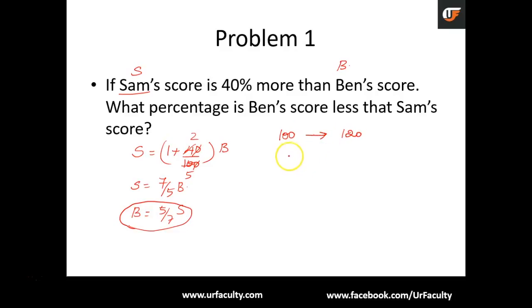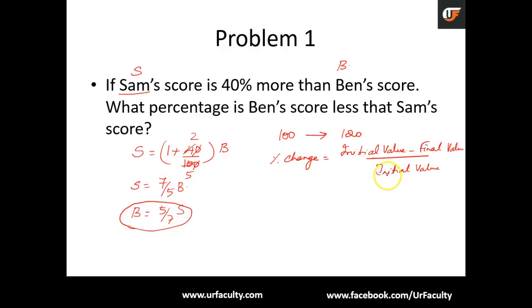How do you calculate that? So a percentage change is generally calculated by initial value minus final value by initial value.